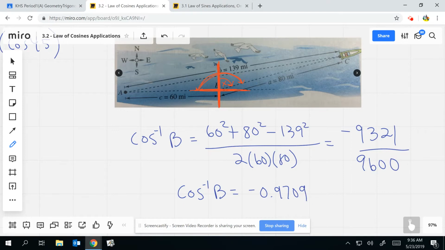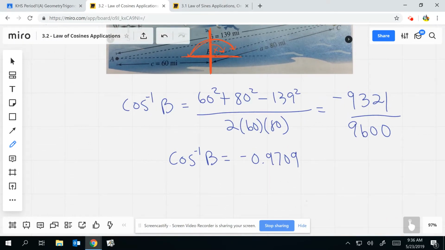And if this was not a negative number, you would not be getting an obtuse angle. So I'm glad it's negative. So inverse cosine of negative 0.9709 gives you 166.1 degrees. I told you, it's almost 180. It's a really big angle. And if that wasn't a negative number, you would have gotten a really small answer, and that's not what you wanted. You want the big angle.